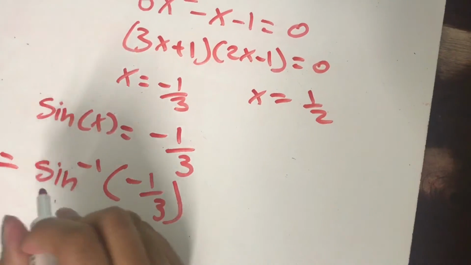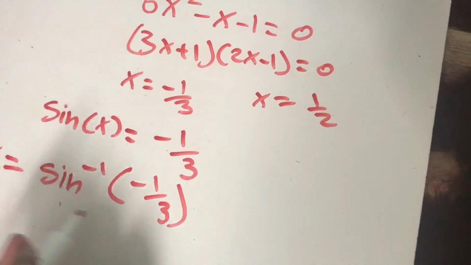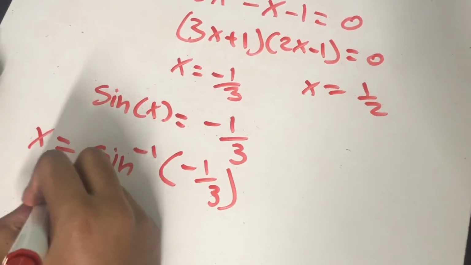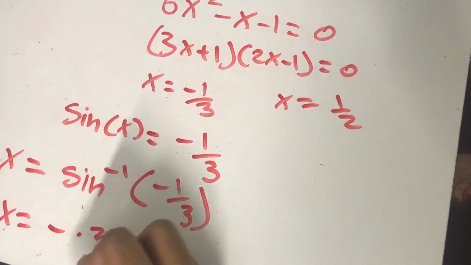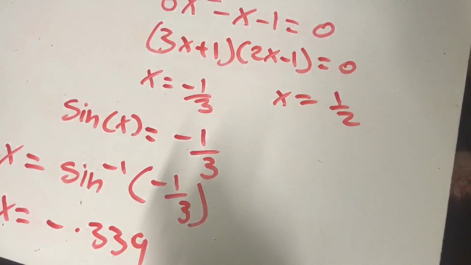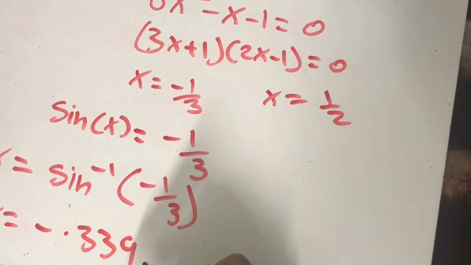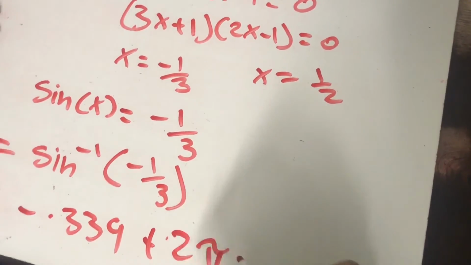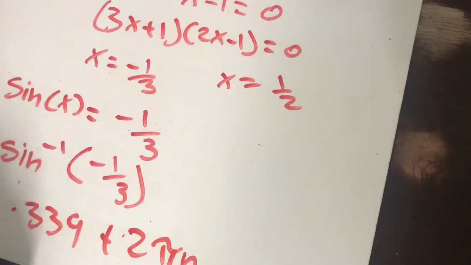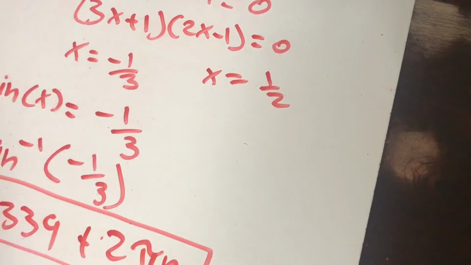When I put this into the calculator, I get negative 0.339, to 3 decimal places. And because it's sine, I'm going to add plus 2 pi n. That's our first answer. Let's go to the next one.